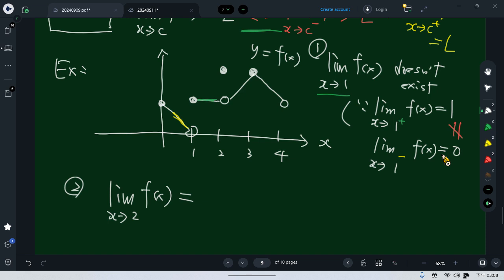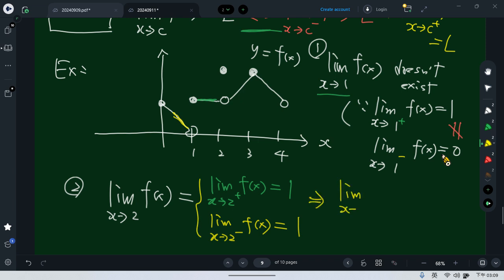Yes, because you can see limit as s approaches 2 from the right of f(x) will be 1. For limit as s approaches 2 from the left of f(x), it is still 1, right? So we can conclude the limit as s approaches 2 of f(x) is 1.